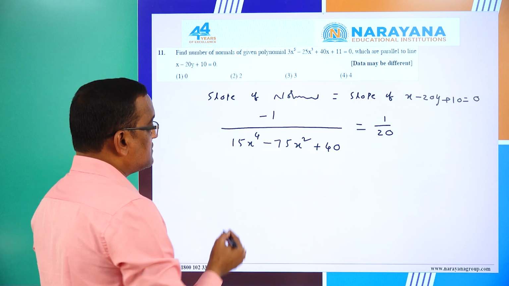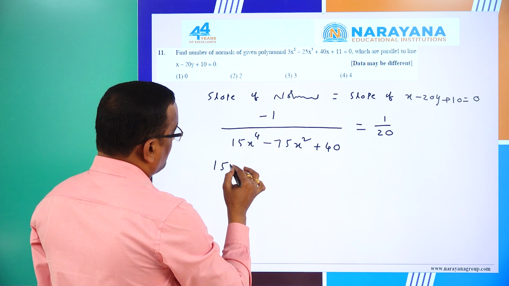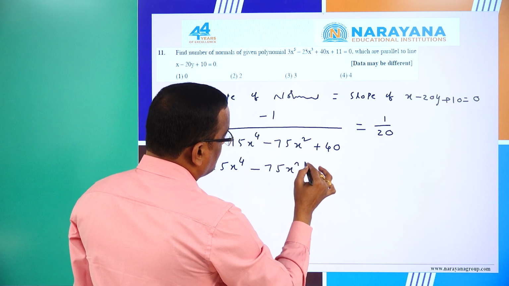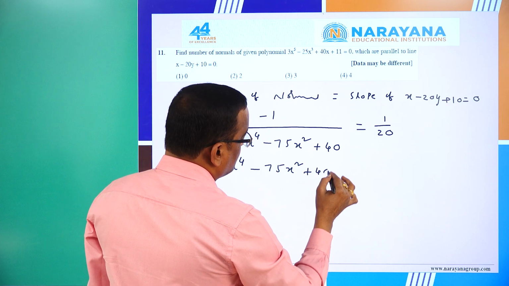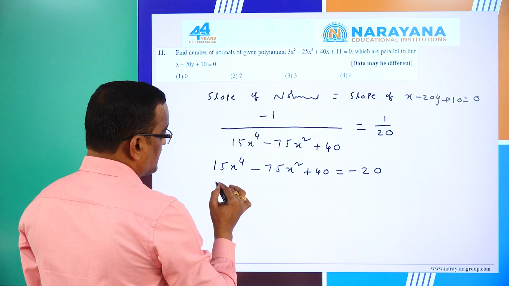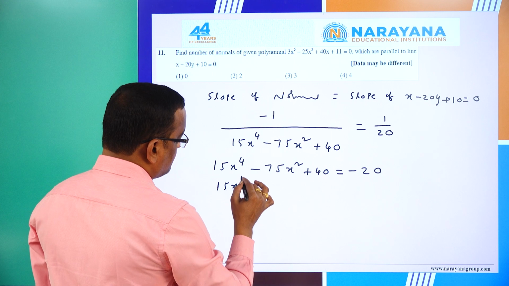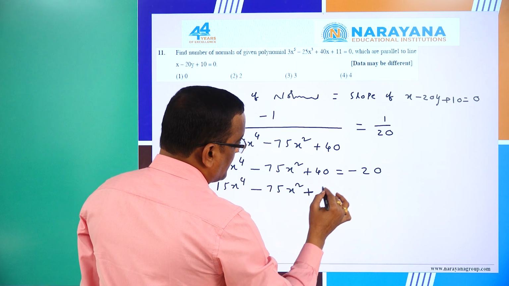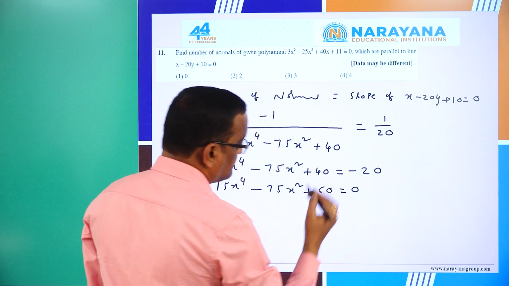So this gives 15x power 4 minus 75x square plus 40 is equal to minus 20. This is 15x power 4 minus 75x square plus 60 is equal to 0.